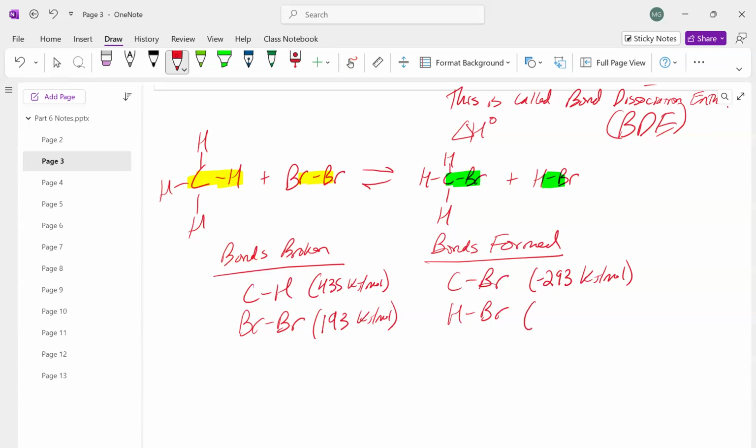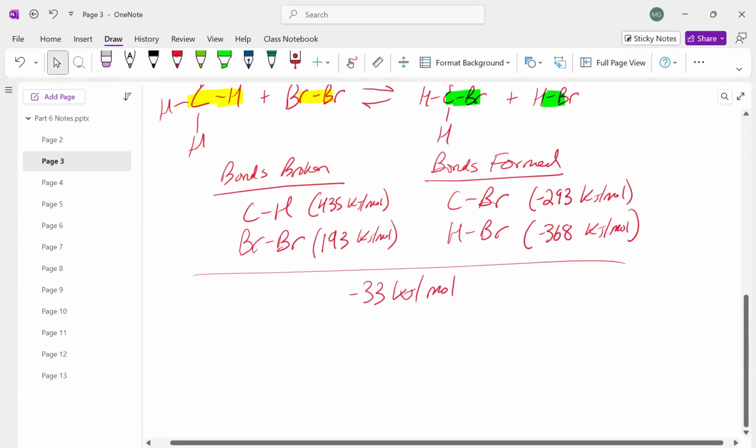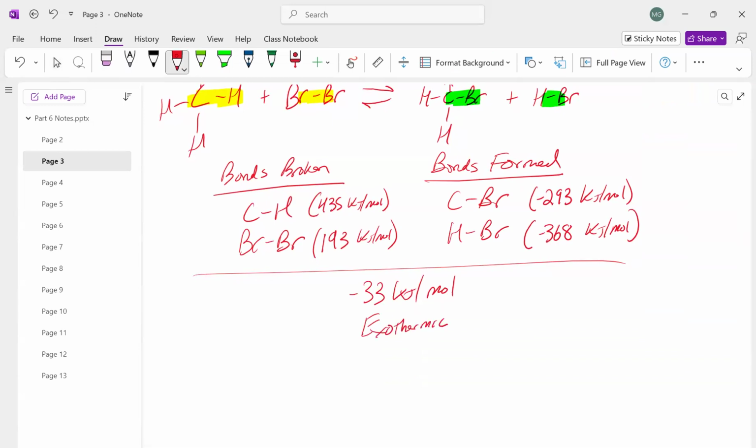For carbon-bromine and for hydrogen-bromine, again, using an opposite sign, because energetically, they are opposite processes. And all we're going to do is add up all these numbers. We add it all up, and that comes out to negative 33 kilojoules per mole, which again means it's an exothermic reaction. It releases energy.